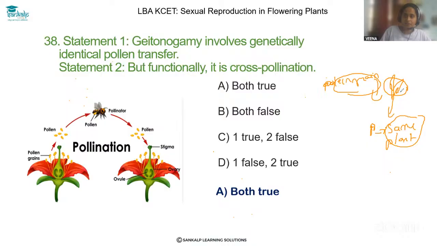One flower will be bigger and another smaller, and some differences will be there. So genetically it is receiving identical pollen grains, but functionally it is undergoing cross pollination, because it is transferring pollen grains from one flower to another flower.